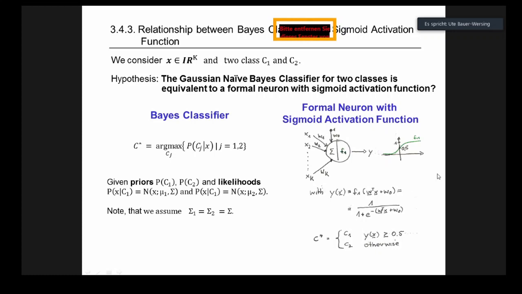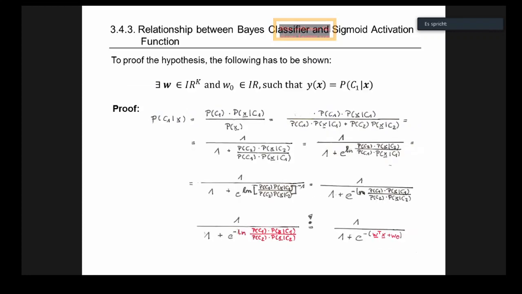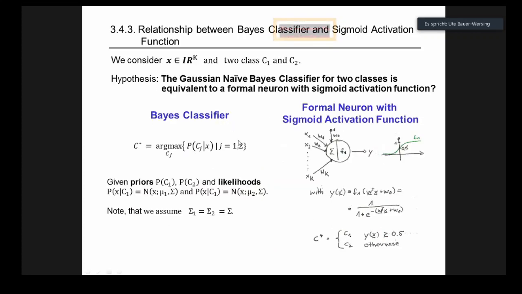That's our classifier, right? We have two types, the formal neuron and the Bayes classifier, left and right. And now we want to prove our hypothesis that the left thing and the right thing are basically the same.